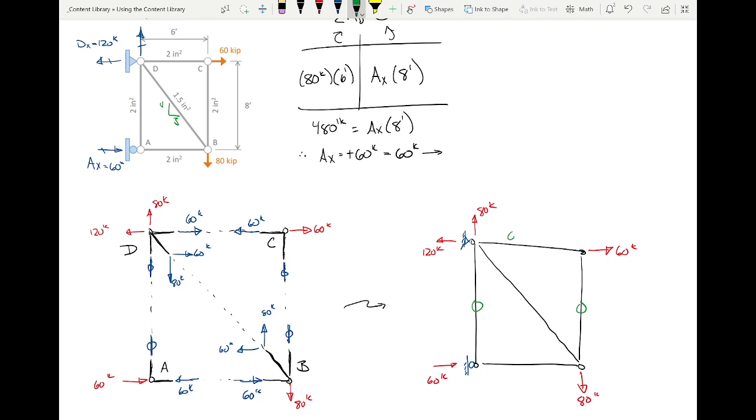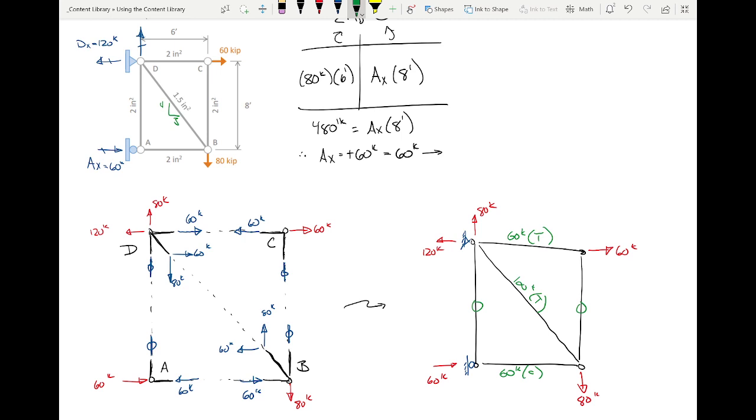So 60 tension, 60 in compression, 100 in tension. I'm going to give everybody a sec to catch up.